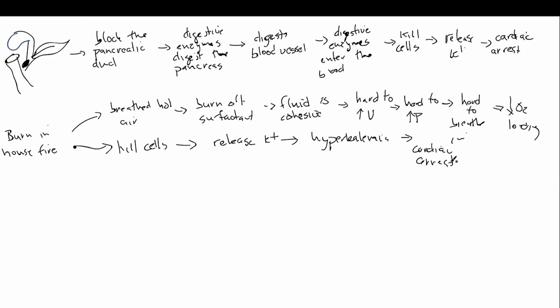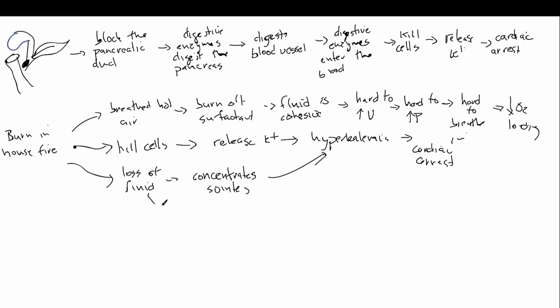Also, what's the first threat to life in a burn? Of course, infection comes in at some point, but the first threat to life is fluid loss, and we use something called the rule of nines to determine if enough of the body has been burned. So if more than 10% of your body has third-degree burns, or more than 25% of your body has second-degree burns, you're going to lose a lot of fluid. You'll weep fluid. And so that's going to concentrate solutes, so you're getting rid of the water, but not the ions. So that's going to lead to hyperkalemia.